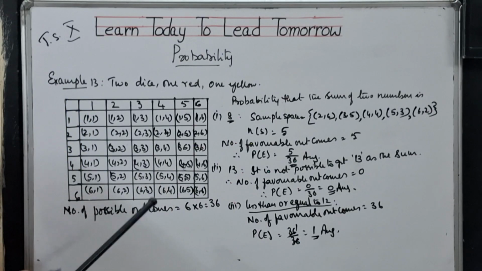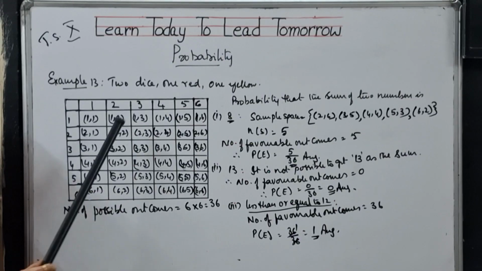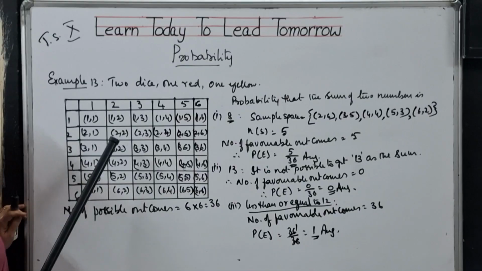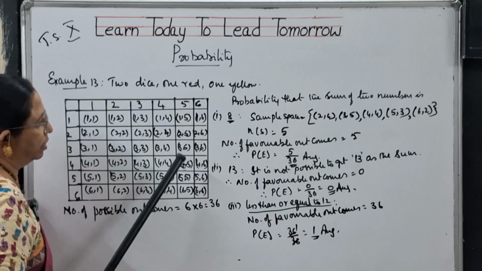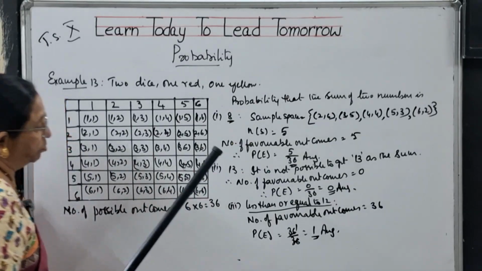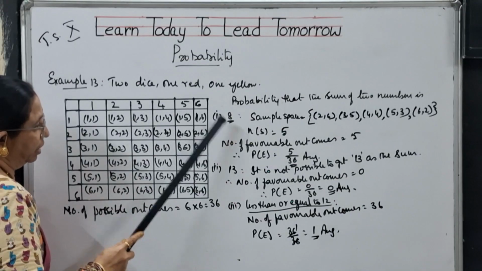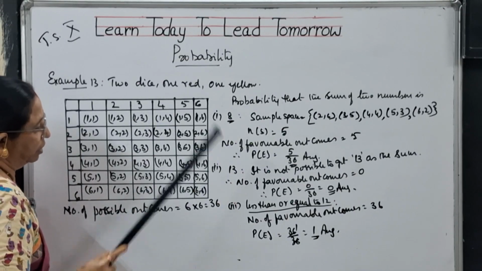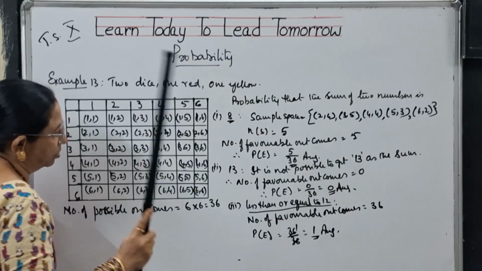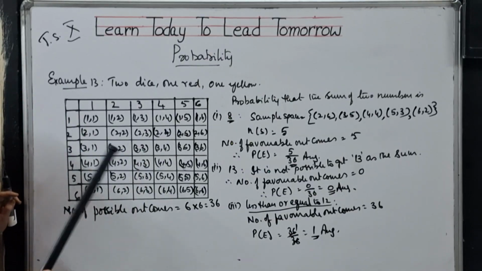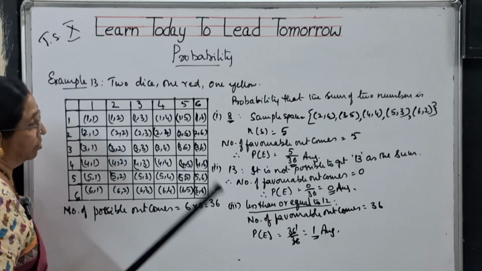Two dice, one is red and one is yellow, they are thrown simultaneously. Now the question is, what is the probability that the sum that appears on the dice is either equal to 8 or equal to 13 or less than or equal to 12? So first, he asked us to write all possible outcomes.